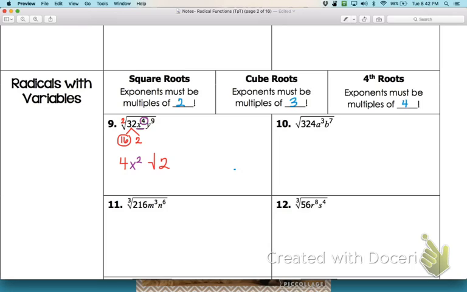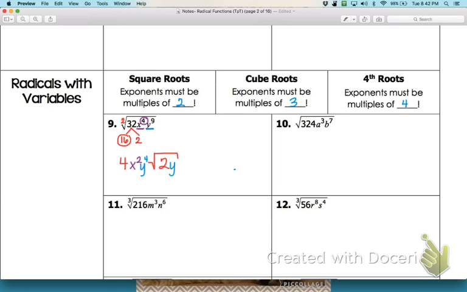radical. Now, if I look at the y to the 9th, 2 goes into 9 4 times all together, so that gives me y to the 4th. But that multiple is going to be 8. 2 times 4 is 8. That means I have one y left over that does not get to come out.